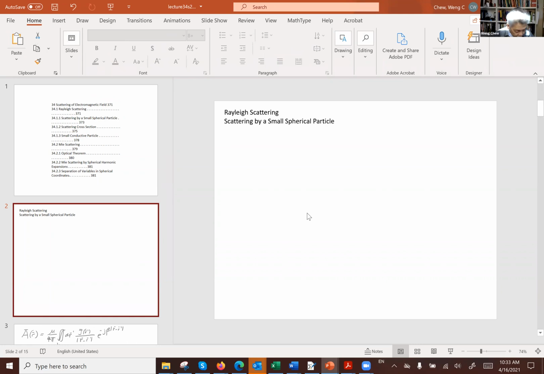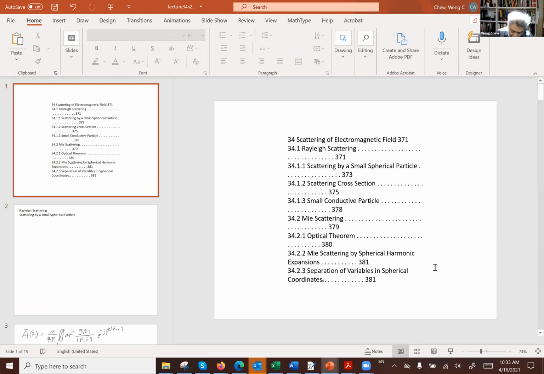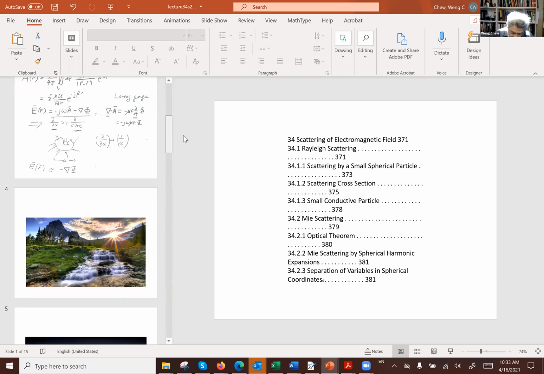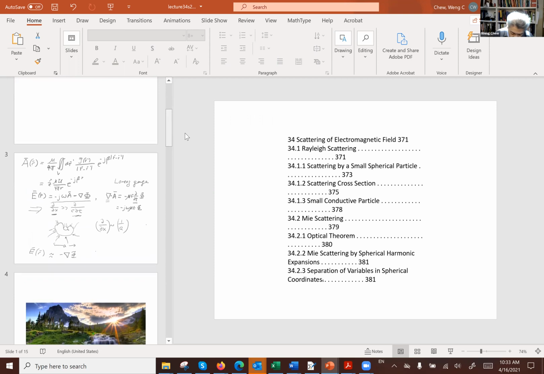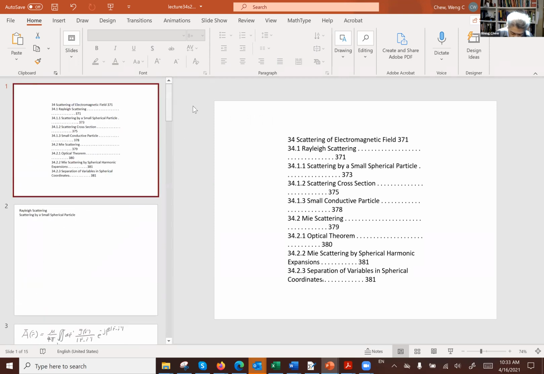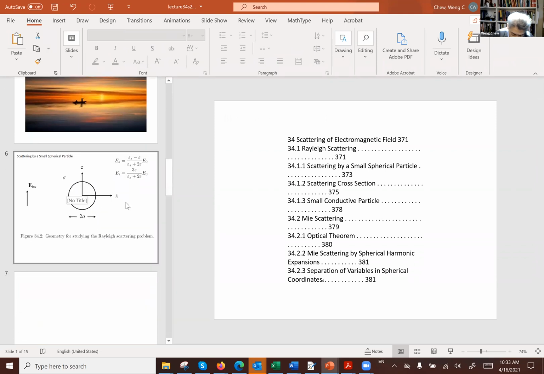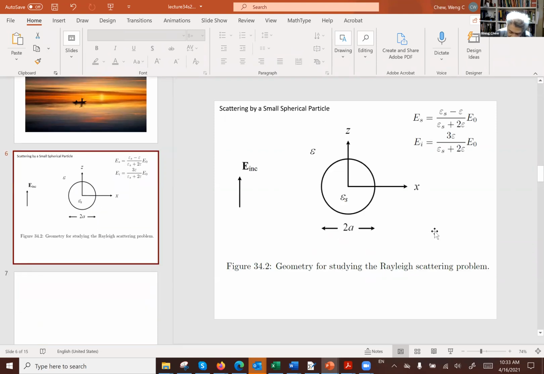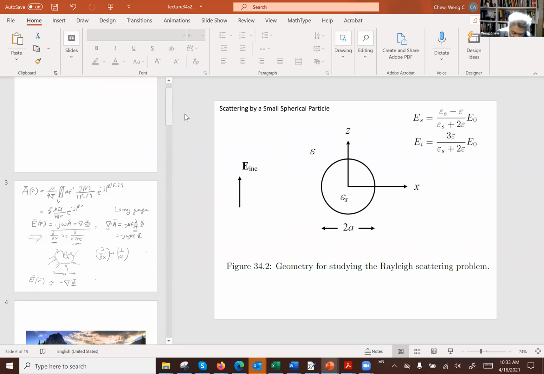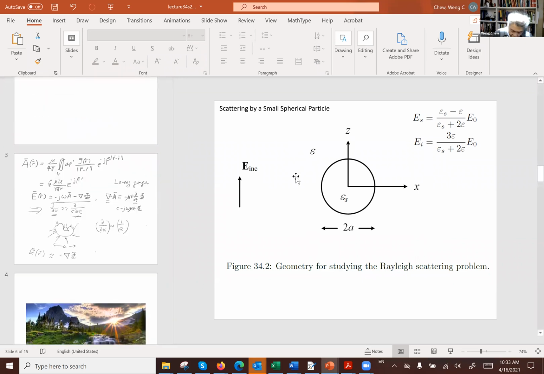So what we need to do then is to actually solve this problem that we see here. And we assume that the particle is very small compared to wavelength, so we can solve this problem in closed form.